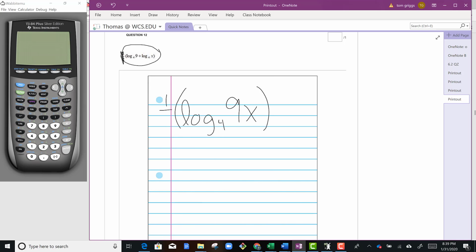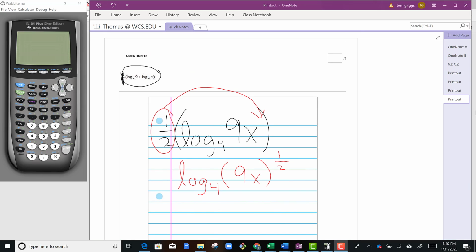Then I'll bring that 1/2 down and recognize that third property, which says when we have a multiplier out front like that, we can simply just move that to the exponent. But we've got to be careful here because we're not just raising 9 to the 1/2 power or x to the 1/2 power. We're raising 9 times x to the 1/2 power.